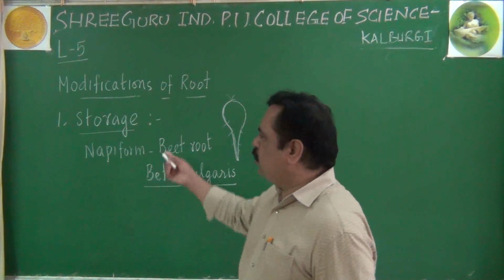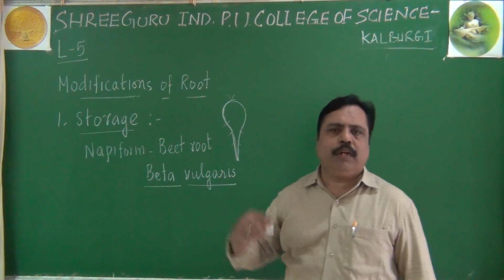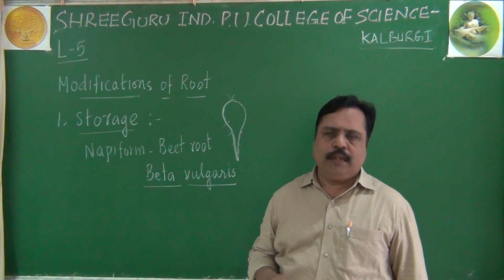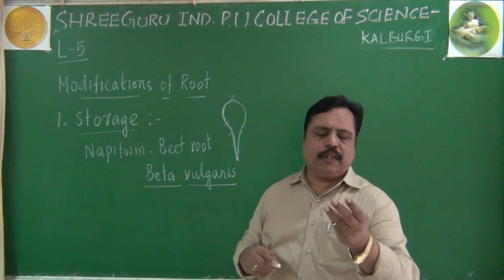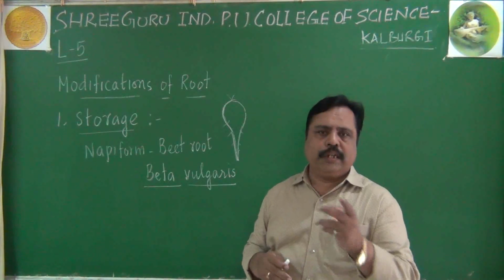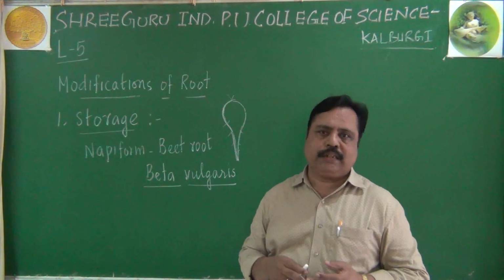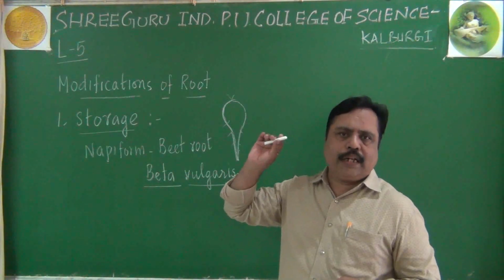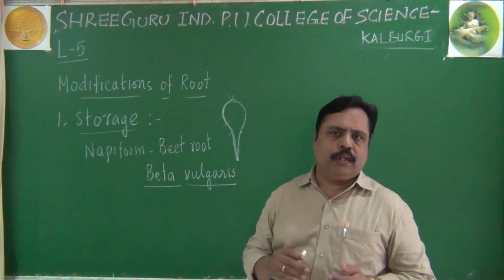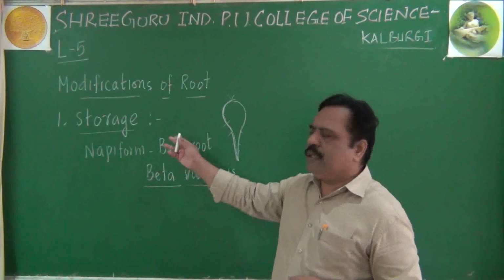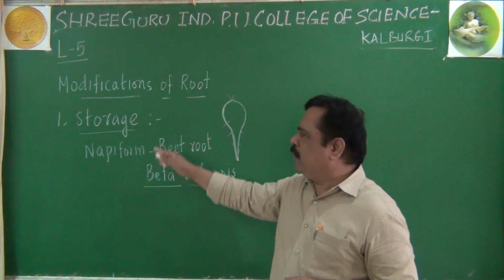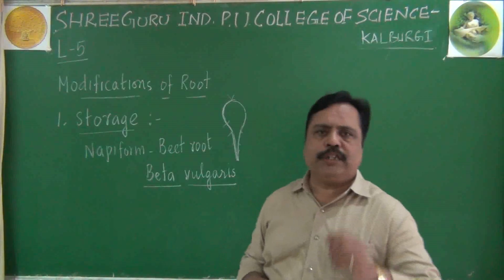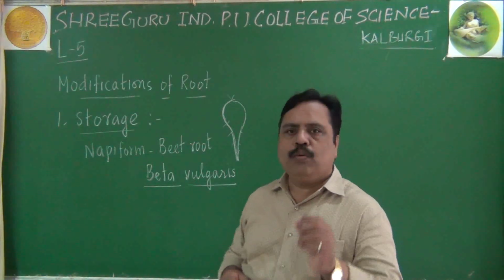I was also telling you about adventitious root modification for storage. You may recall the fasciculated root exhibited by asparagus, and the moniliform root exhibited by a grass called Cynodon grass. We have also seen another type of storage modification, the root tuber.